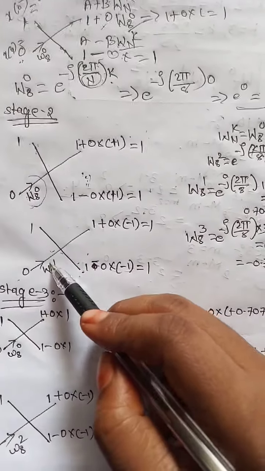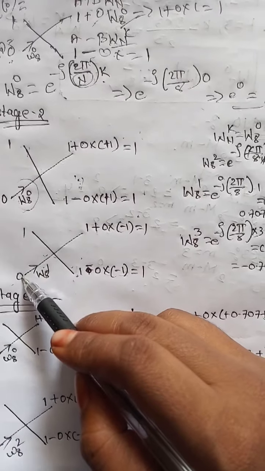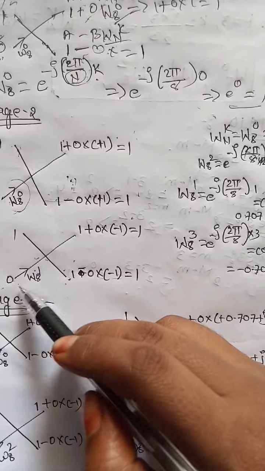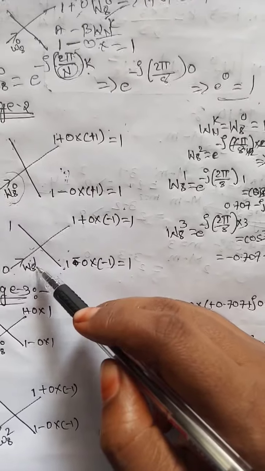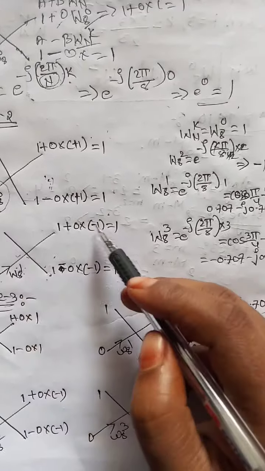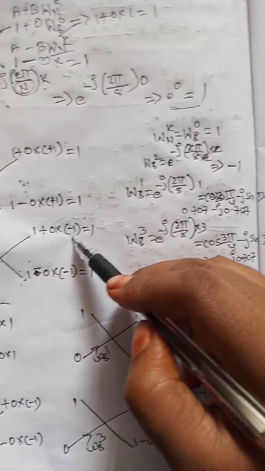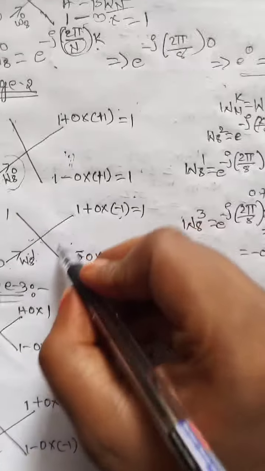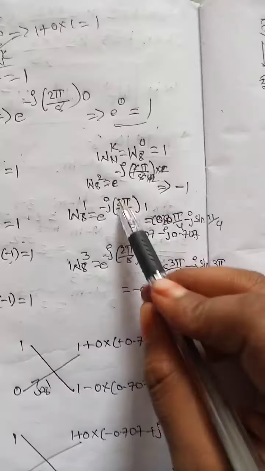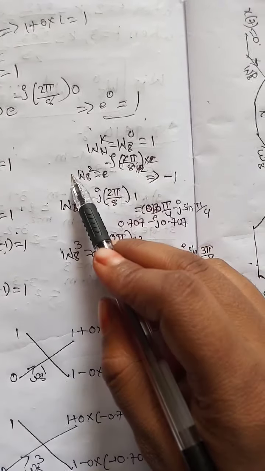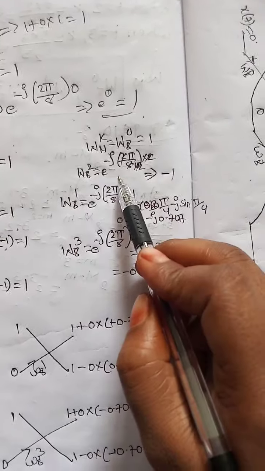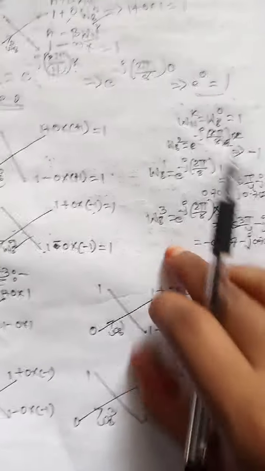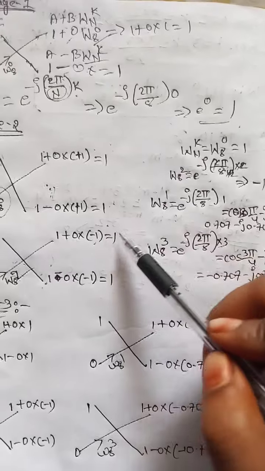For the next butterfly, 1 0 are the inputs and the twiddle factor is W8 power 2. Sorry, W8 power 2, whose value is minus 1, for the exponential terms. And here the outputs are 1 1 1 1.